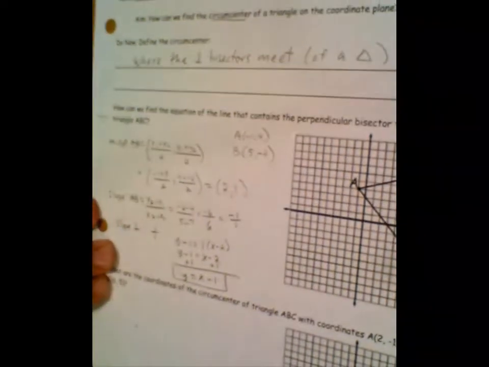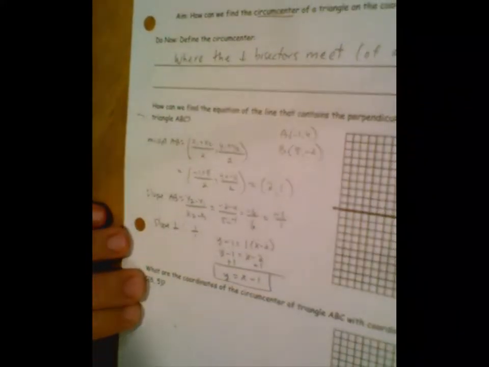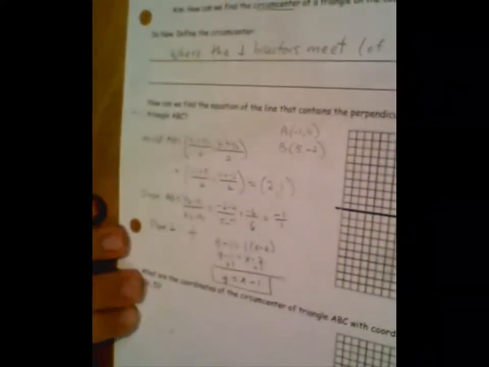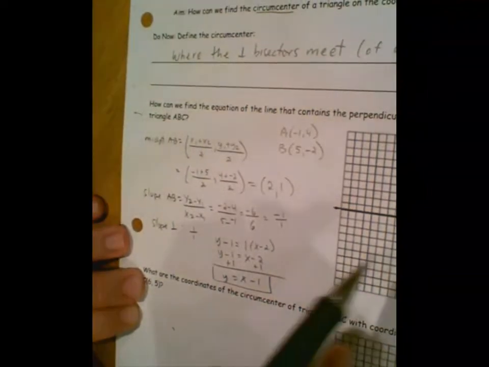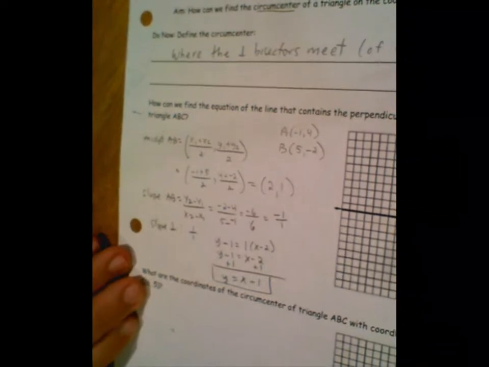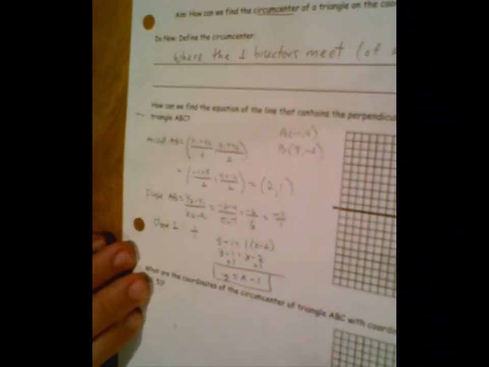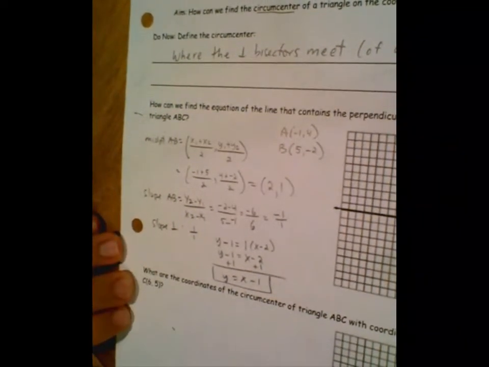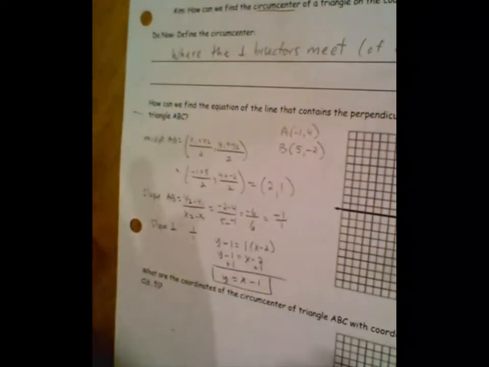So the equation of the line that contains the perpendicular bisector to side AB in triangle ABC is y equals x minus 1.